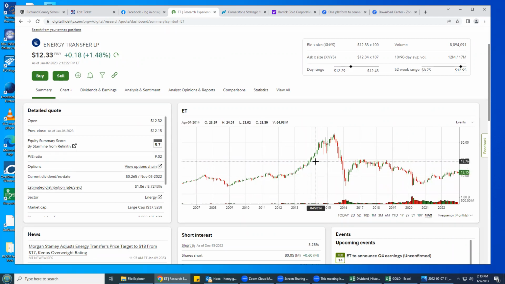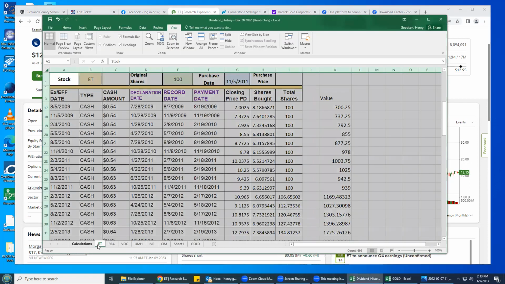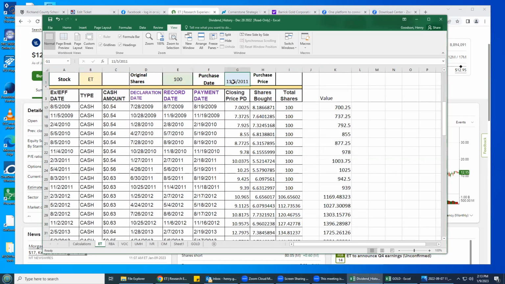But if you bought it anywhere up in here, within the last 8 years, my point being, if you bought the stock here when it was going up and just held it from around January 2014, you can actually go into your spreadsheet now, click on ET, put in how many shares you bought. Let's say you bought 100 shares, January 2015. I think I did.